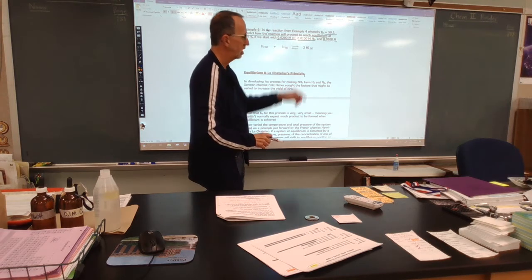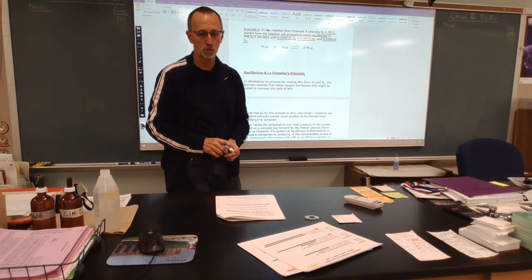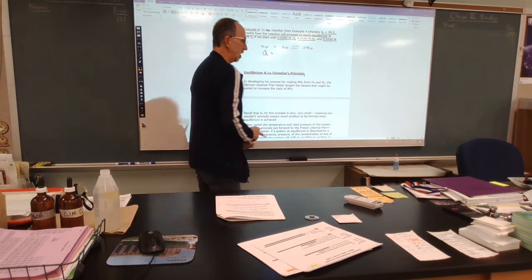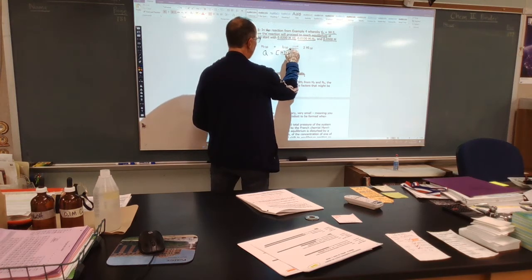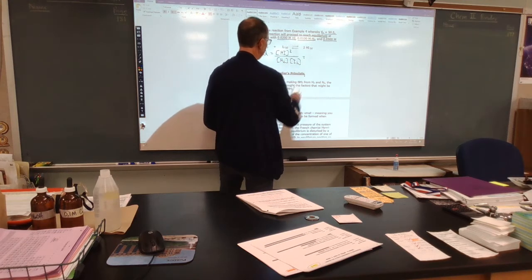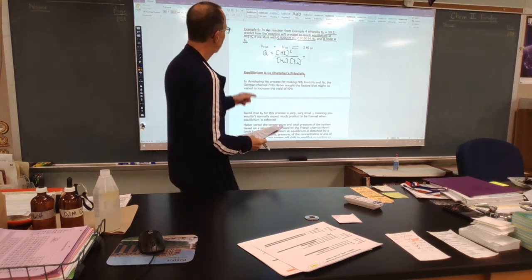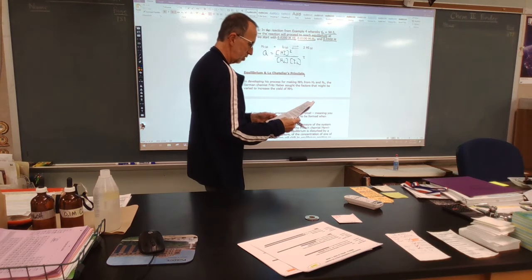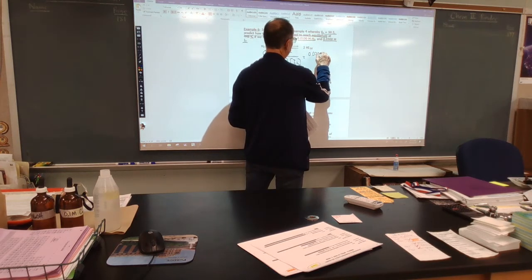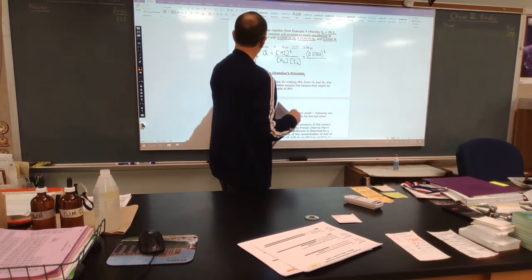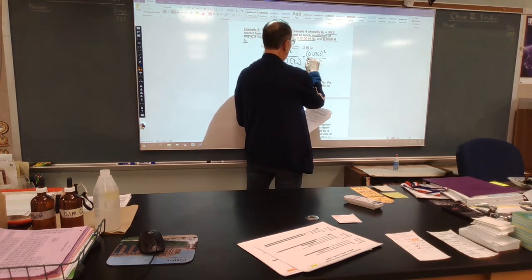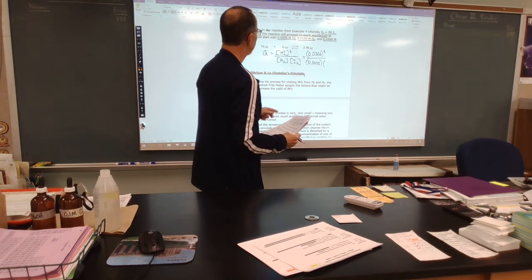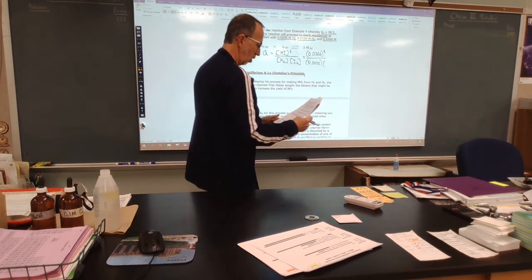We're now going to determine, with these initial values, what the value of Q is. Q is set up the same way as K is for this reaction: HI squared over the concentration of H2 times the concentration of I2. Throwing the numbers in: HI was 0.0200 squared, hydrogen was 0.0100, and iodine was 0.0300.